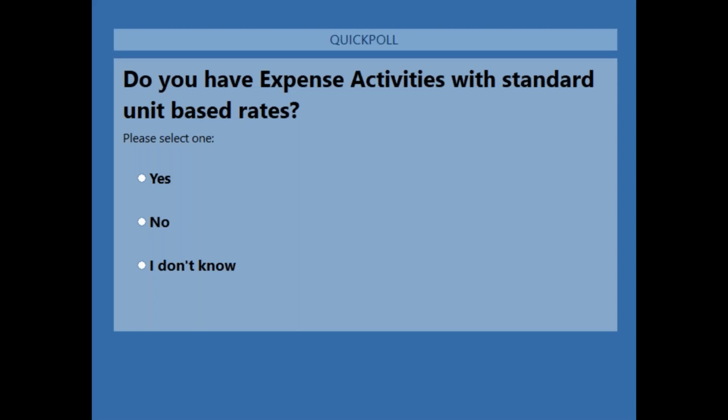Our third polling question: do you have expense activities with standard unit-based rates? And again, just a reminder, if you need the CPE credit, all 3 polling questions need to be answered and the survey completed. I'm sorry to keep repeating that. I really don't want anyone to be frustrated. You all are coming in pretty quickly here, so we'll give it a few more seconds.